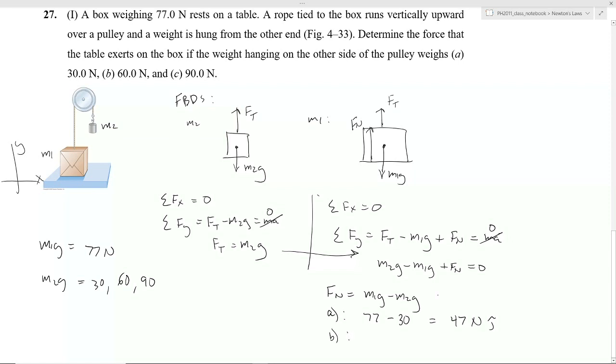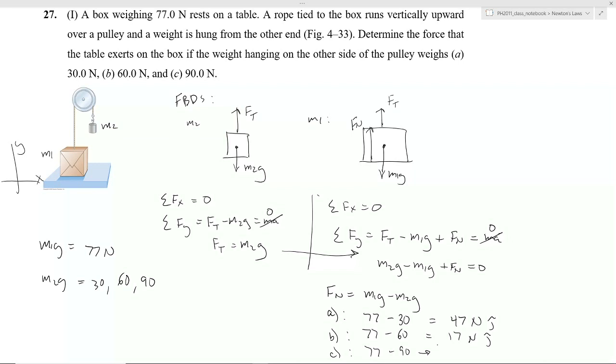For B, this would be 77 minus 60. We have 17 newtons. And then for C, we would have 77 minus 90. But this doesn't work. You can't have your normal force supplying more than the weight of the object that's sitting there in this circumstance. The table is only going to be able to push back.